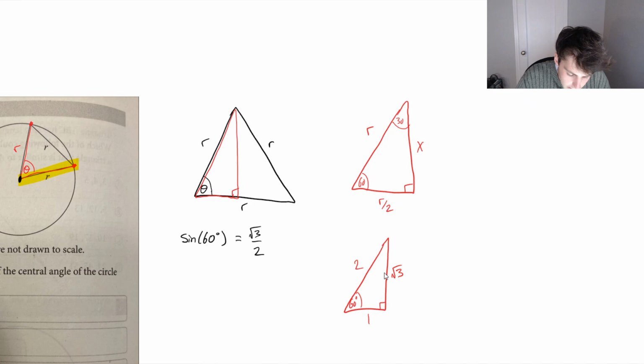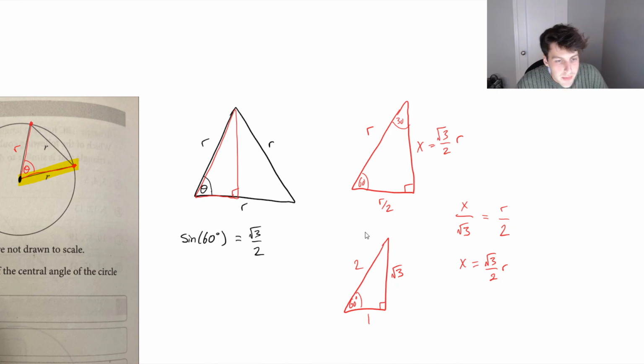Okay, so we know that x is to root 3 as r is to 2. Okay, so then you can see that x is going to be root 3 over 2 r. Root 3 over 2 r. It's a horrible square root.